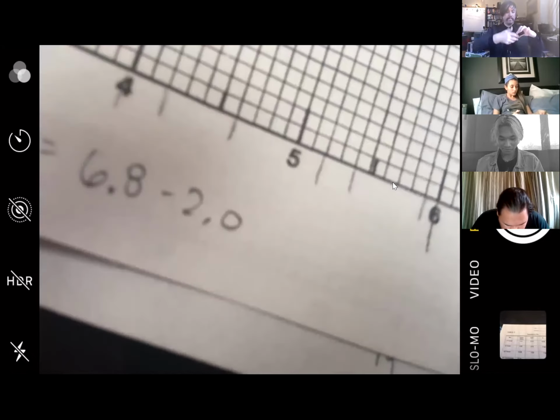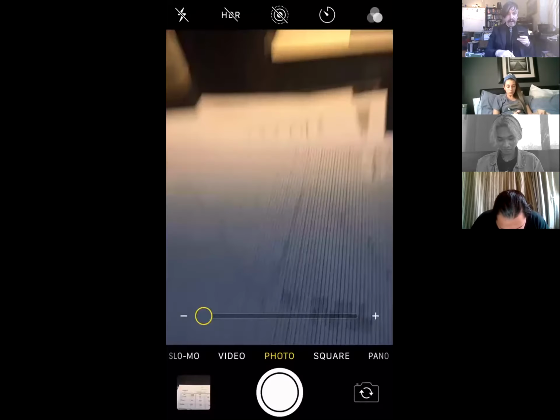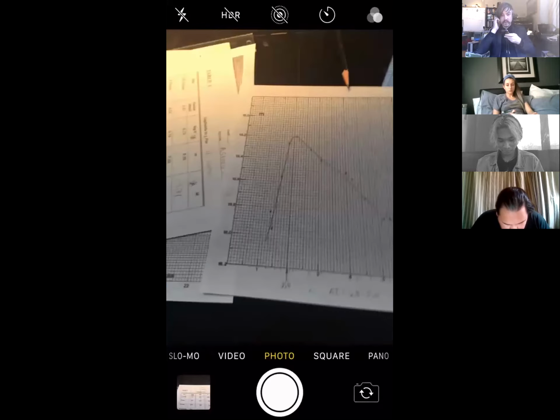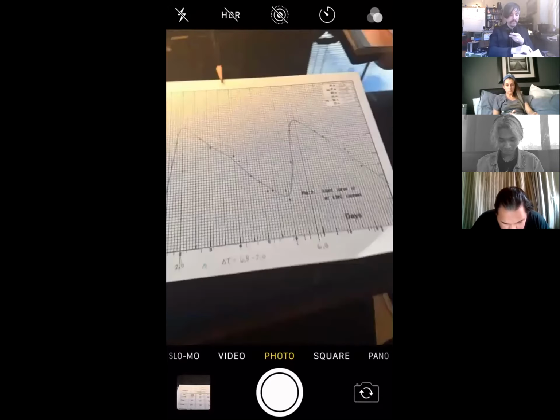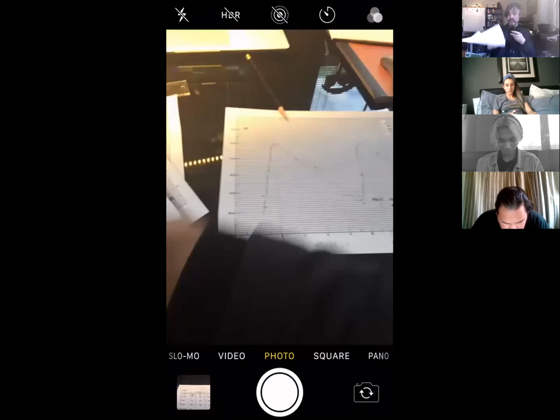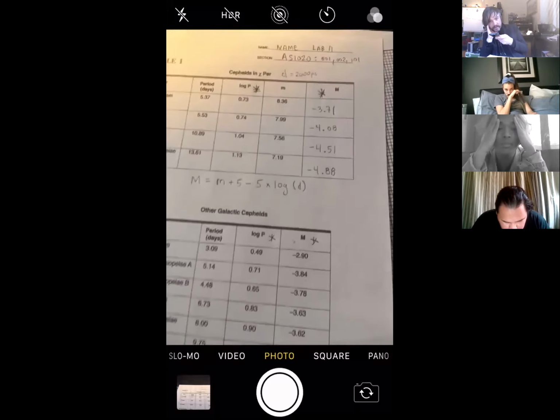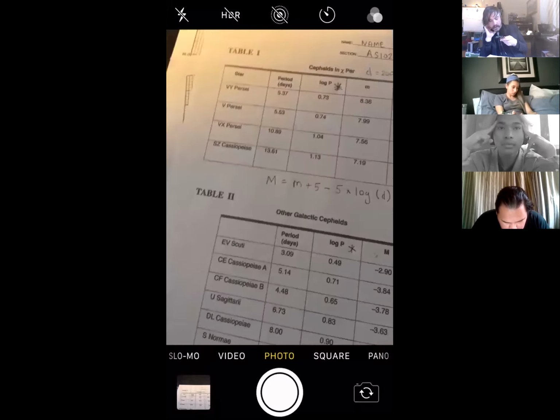Okay, that concludes our lab. You should have this sheet with the Cepheid variable plot. You should have this sheet, period luminosity relationship. And you should have this sheet with the log P's and the apparent absolute magnitudes of your cluster.